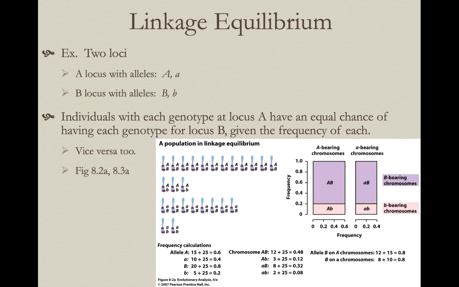The rarest alleles, you would expect them to be rare, but everything is being represented in the proportions that you would expect given the relative frequency of the A and B alleles. So this population is in what we call linkage equilibrium. All combinations are being formed as you'd expect if they were just assorting at random.